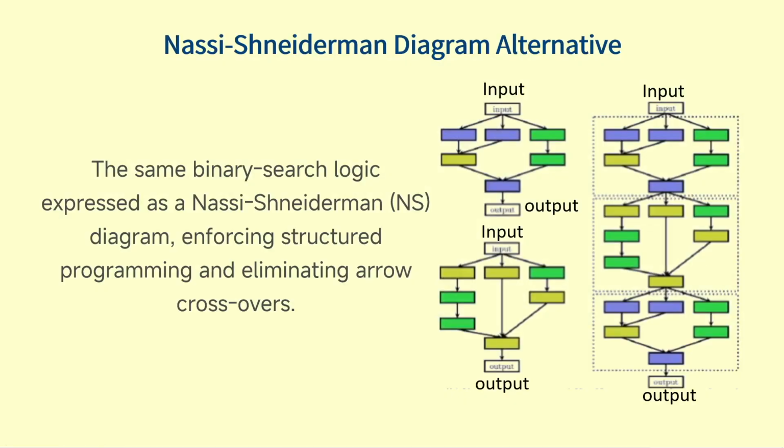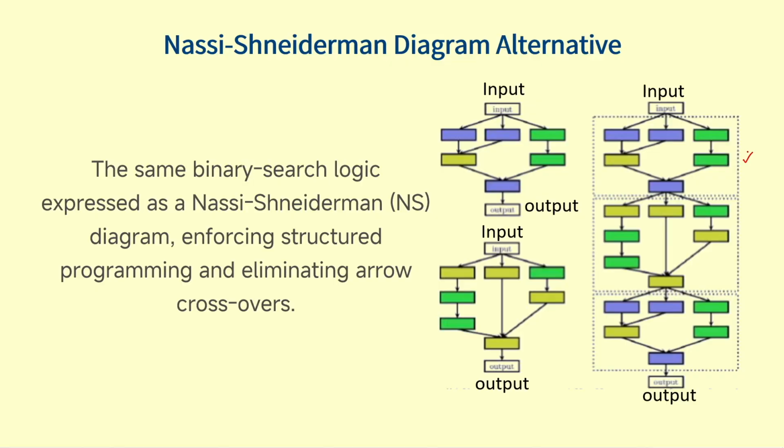In addition we have this NS diagram alternative. It is more or less equal to your flow chart, but the main distinction between the NS diagram and your flow chart is that in the NS diagram they use segregations. For example, here there are 3 boxes.